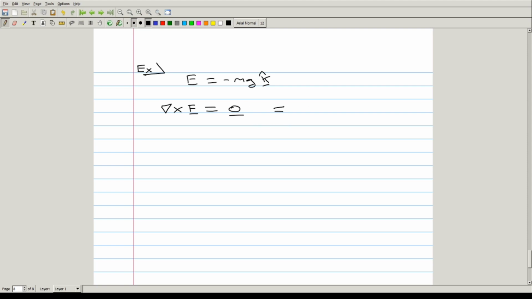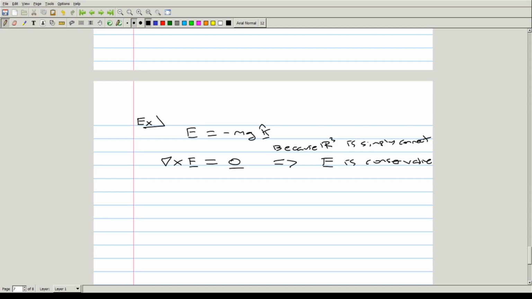Therefore, because the domain of the vector field is simply connected, by that theorem, f is conservative.